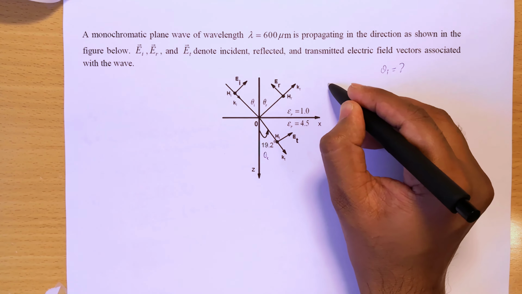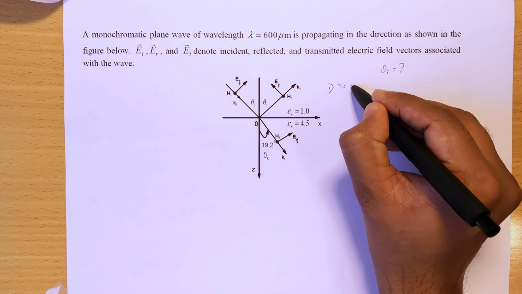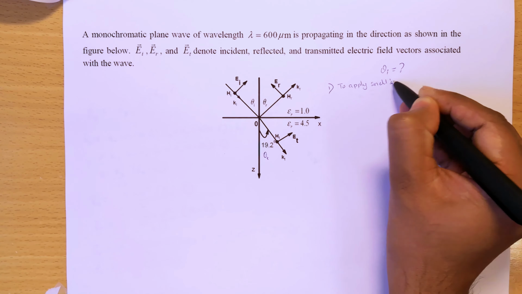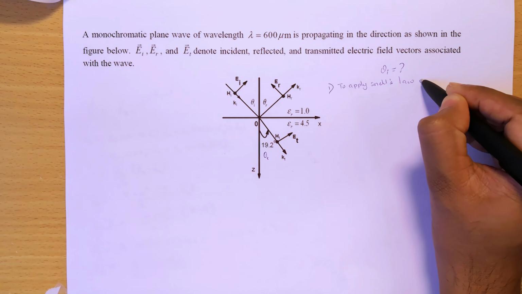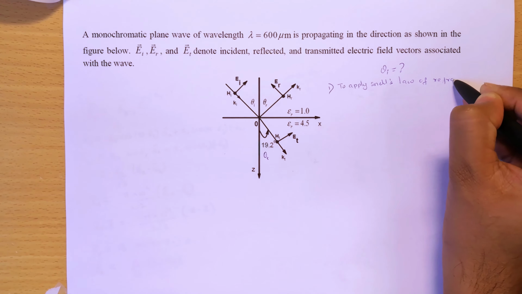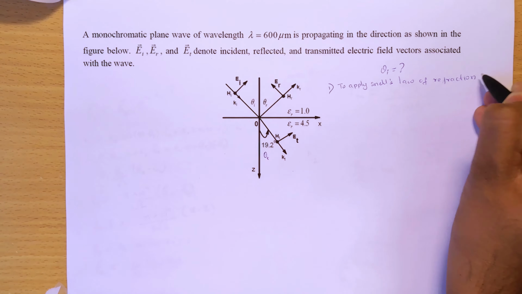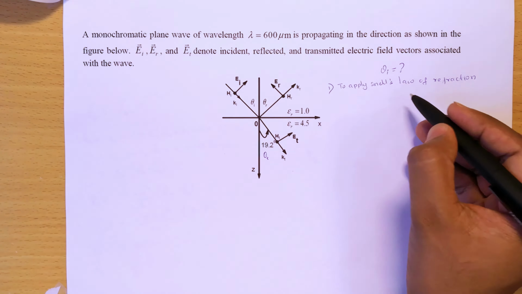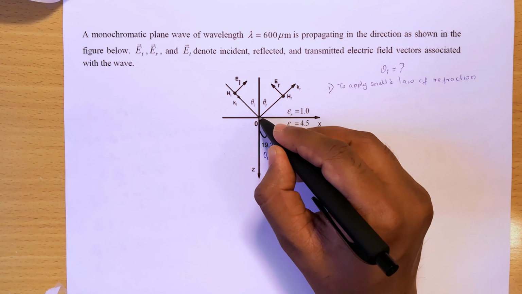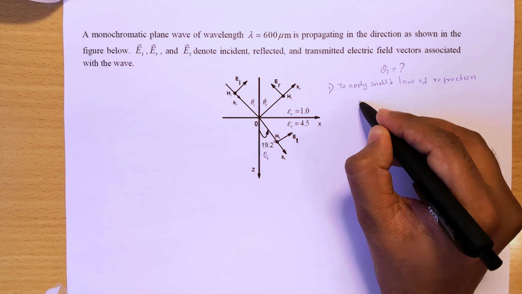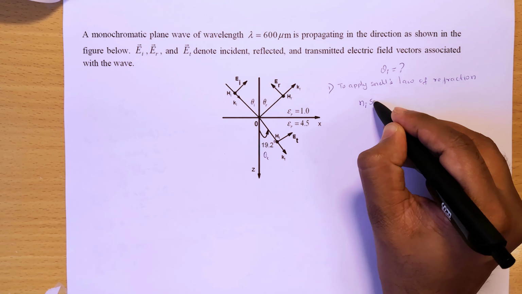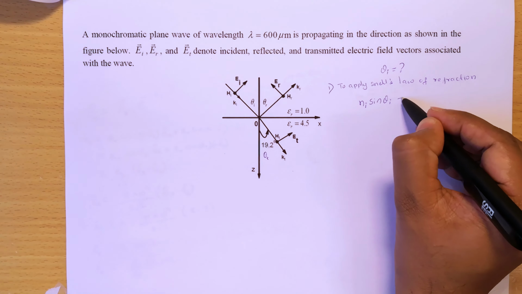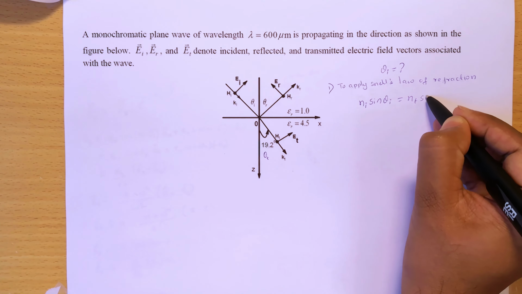So the first thing we want to do is to apply Snell's law of refraction. The Snell's law says that Ni sine theta I, Ni is the refractive index of the medium, is equal to Nt sine theta t.